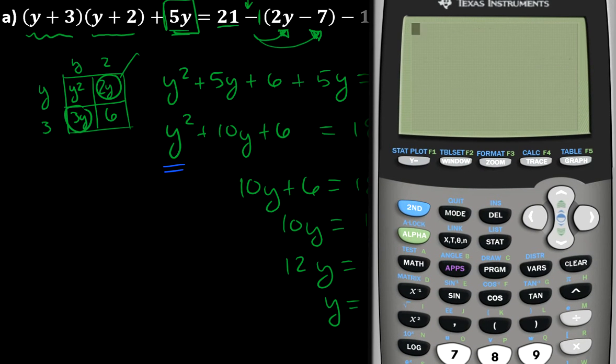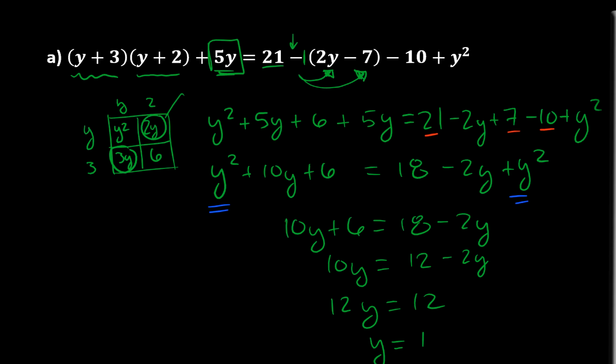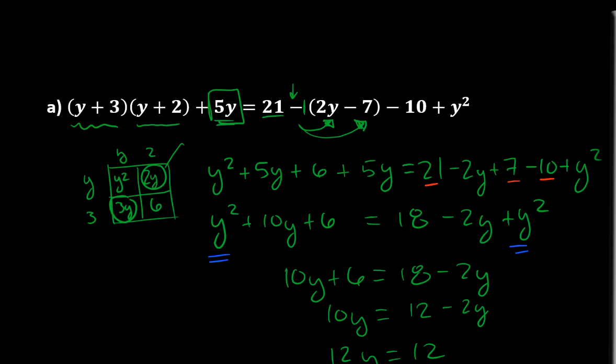Turn on the calculator, I'll clear it, and I'll do open parentheses 1 plus 3. That's 4. Close parentheses, and I've got 1 plus 2, and then plus 5 times 1. That's 5 times what y is. So when I do that on the left-hand side, all of this becomes the number 17. As a reminder, I'm going to put over here, this all becomes the number 17.